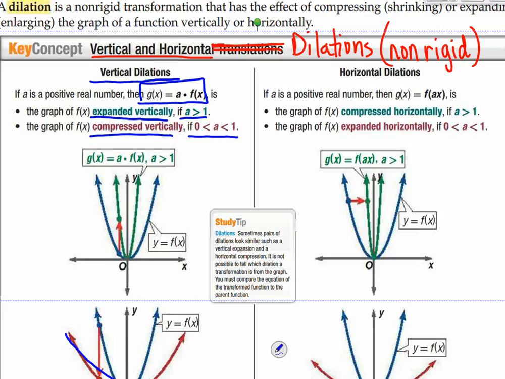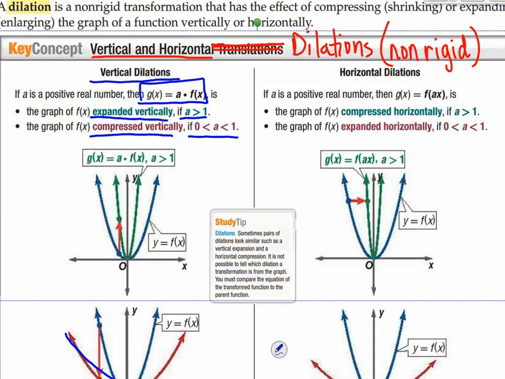Remember, if we added 5, it went up 5. If we subtracted 5, it went down 5. If we multiply by 4, it expands it like we would expect. If we multiply by 1/2, it compresses it or pulls it apart more, just like we would expect.